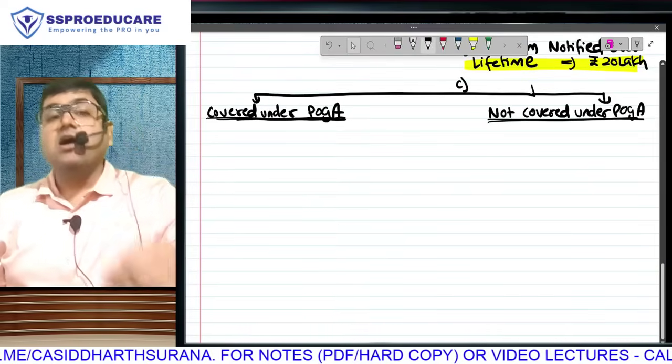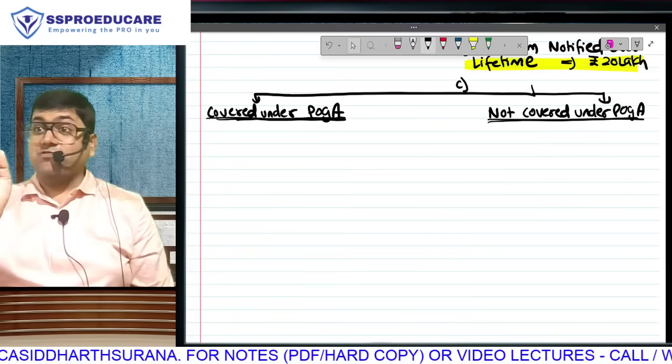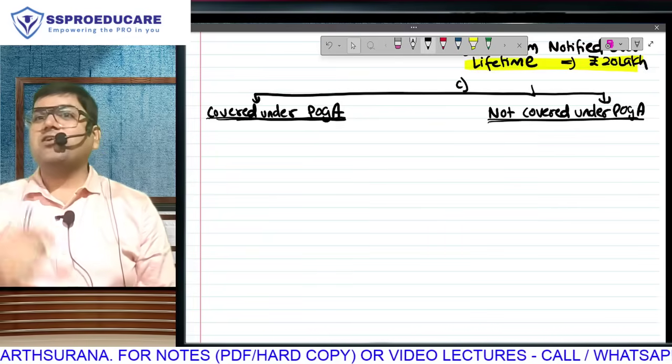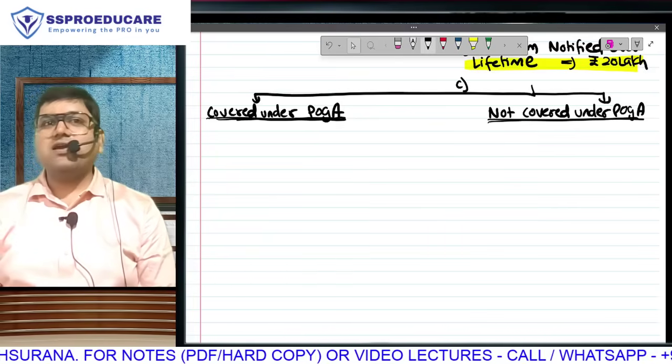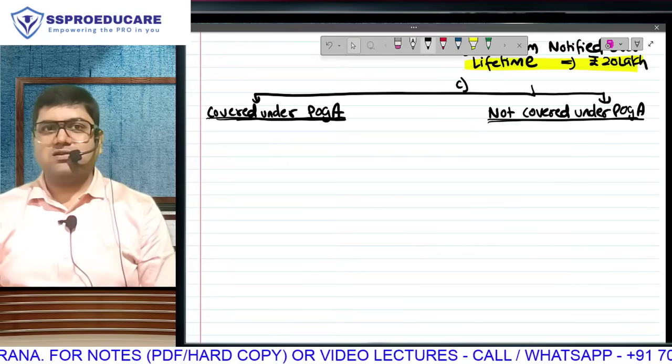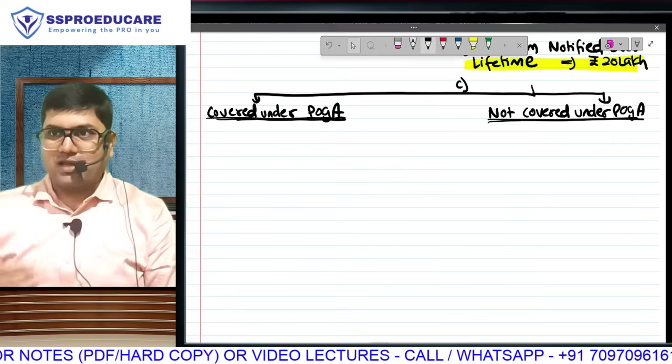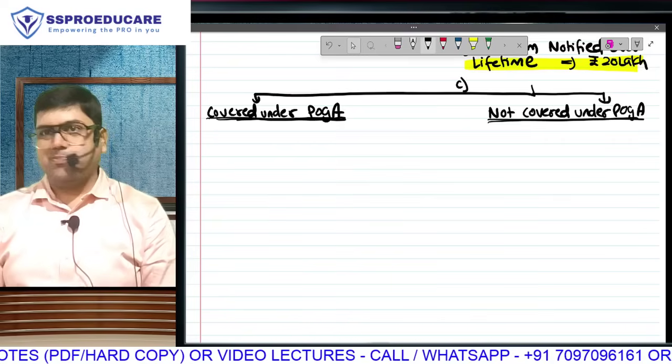So the division takes place only at the third point in private sector, covered under POGA or not covered under POGA. First I will tell you what POGA says in words. Look at how they draft laws in our country. Look at the complicated language they use. They say whenever an employee is covered under POGA, borrow calculation from POGA. So we went and read POGA.